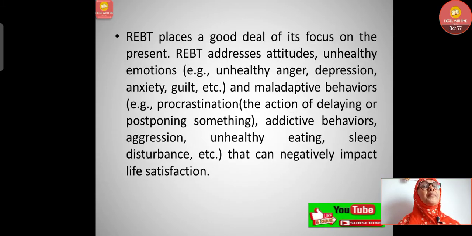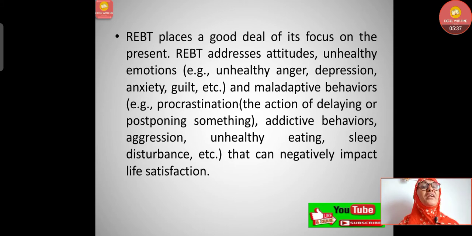REBT places a good deal of its focus on the present. REBT addresses attitudes and unhealthy emotions, for example unhealthy anger, depression, anxiety and guilt, which generations nowadays are facing, and maladaptive behaviors such as procrastination. What is procrastination? The action of delaying or postponing something. I will do it later, I will think about it later, like that they postpone the action.